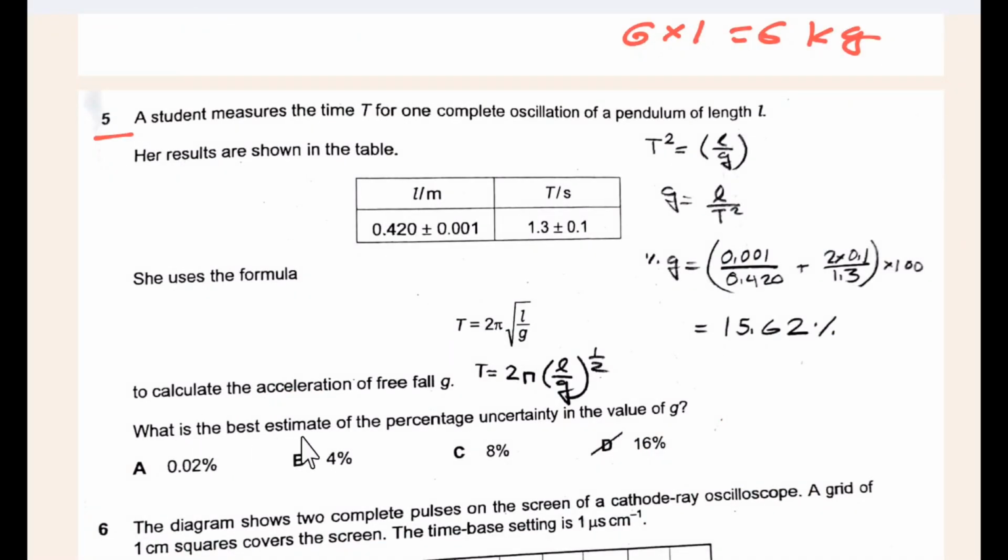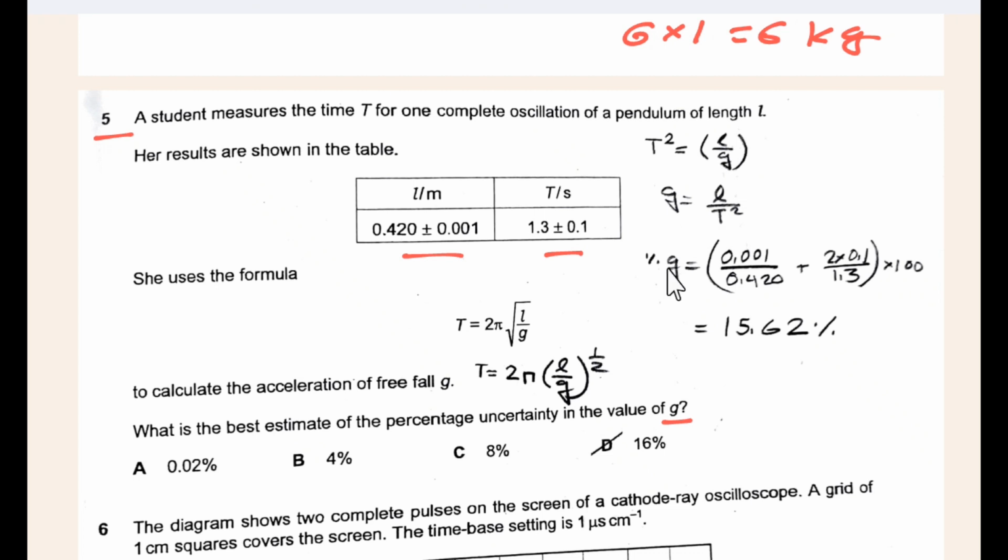Question 5. What are the best estimates of the percentage uncertainty in the value of G? To calculate the percentage uncertainty, we know the uncertainty in the value of L and T. First of all we need to make G the subject of the formula.